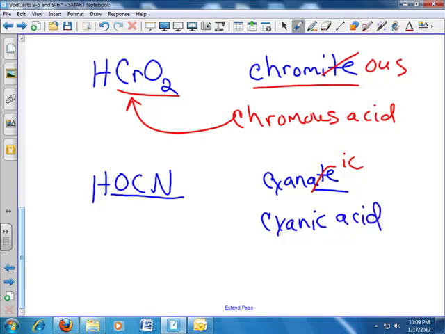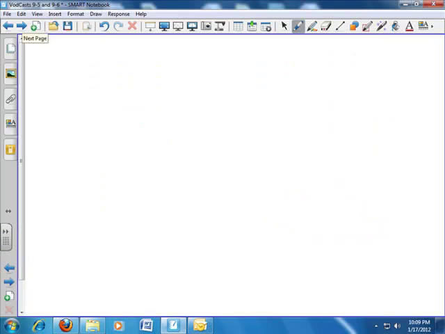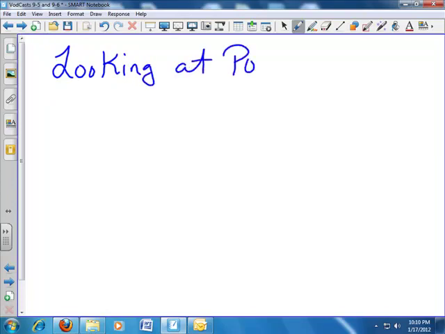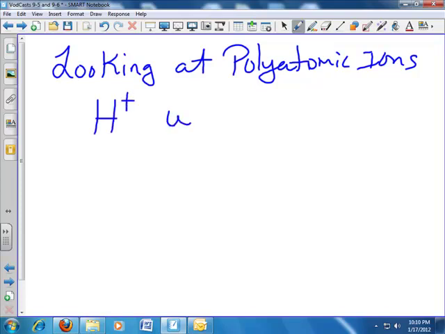So basically what you're looking at here is polyatomic ions. It's basically a hydrogen ion with a polyatomic ion, and that's what gives you an acid.